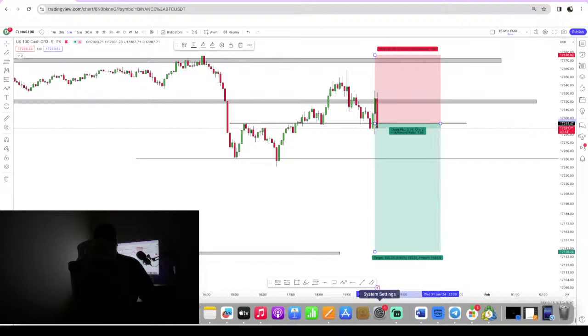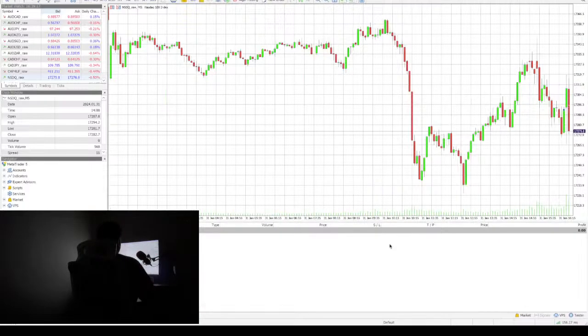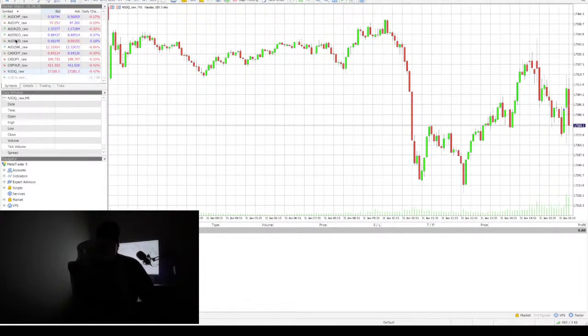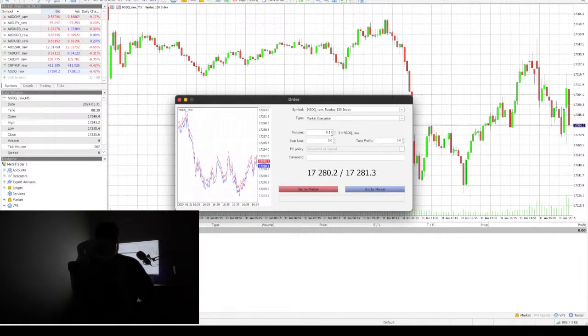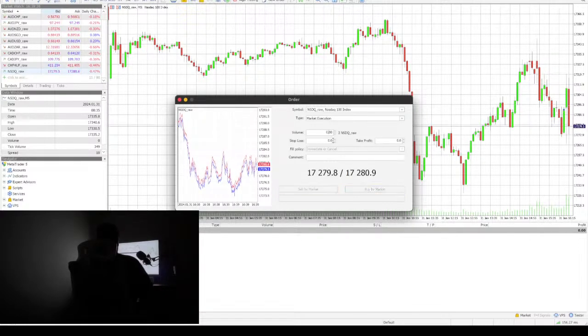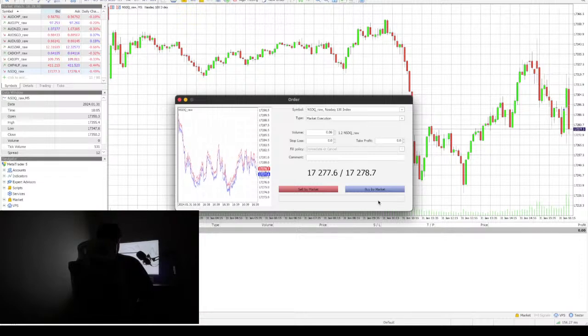So we'll open this trade with a very small position size because I'm keeping the stop loss far away. In fact, it's 0.06.